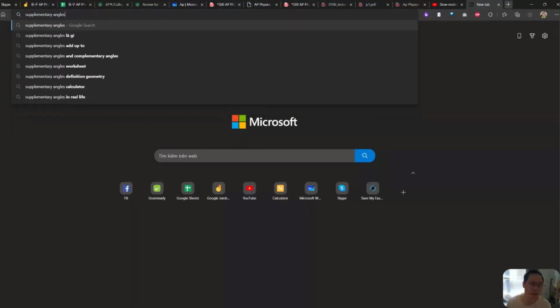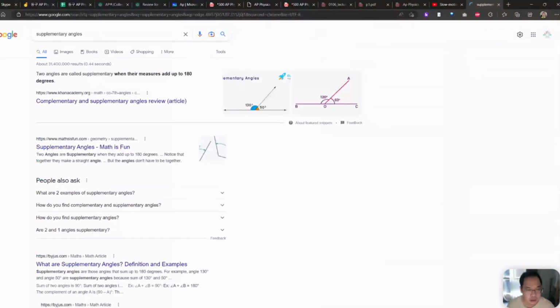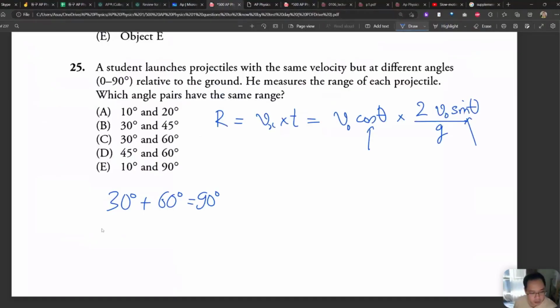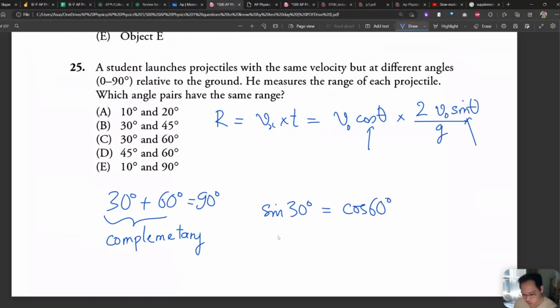Oh, sorry, not supplementary, it's called complementary angles. 30 degrees and 60 degrees are complementary. With two complementary angles, sine of 30 degrees equals cosine of 60 degrees, and cosine of 30 degrees equals sine of 60 degrees.